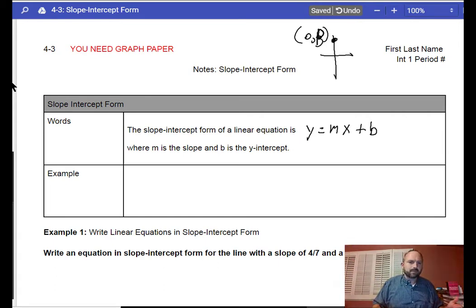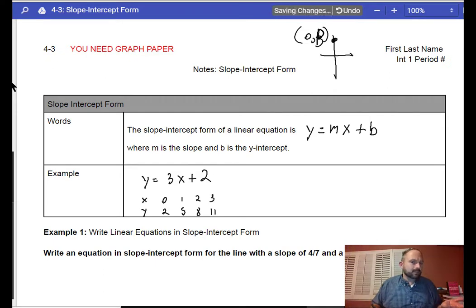Some examples of this would be y equals 3x plus 2. That means it starts at 2 and it goes up 3 for every 1. Up 3 for every 1. The example of this would be (0, 2), then plus 3, (1, 5), plus 3, (2, 8), plus 3, (3, 11).